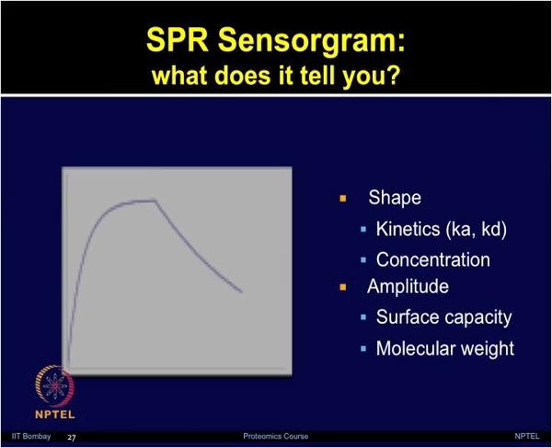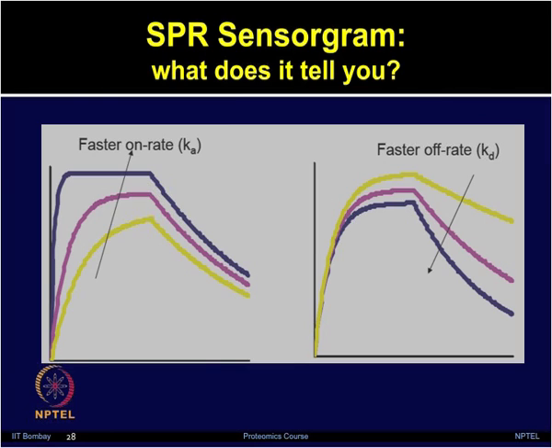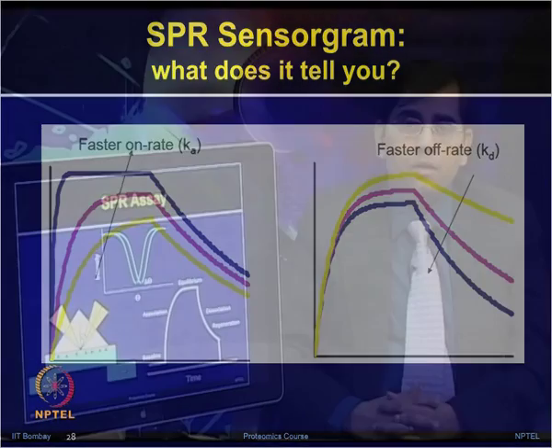So, the shape and the amplitude provide various information by looking at these SPR sensorgram curves. As shown here in this slide, the on rate and off rate, whether it is slow or fast, and comparison of various analytes can be made by looking at the SPR sensorgrams.